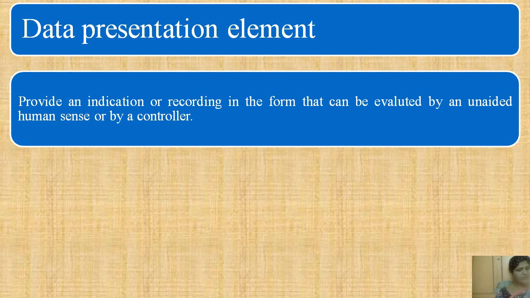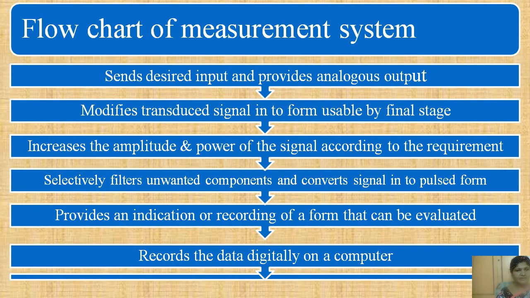So these are the different functional elements of the generalized measurement system. Now let's have a look at the flow chart of the measurement system. These are the different stages.